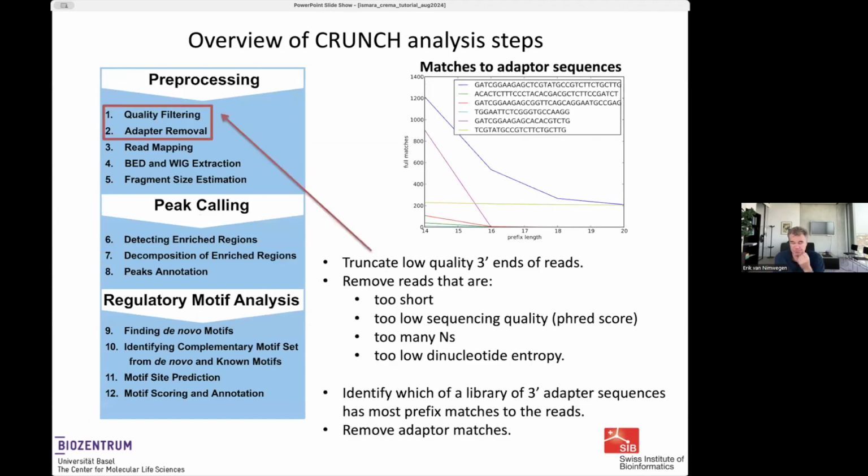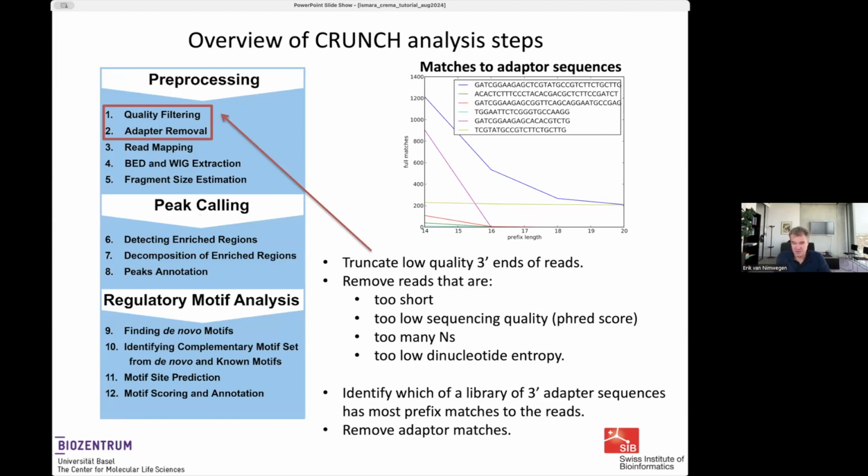So first thing, when we get the raw sequencing reads, we need to do some quality control on this data. So these are just very standard things that we do. So we truncate bad quality 3' ends of reads. We remove reads that are too short, have too low sequencing quality, have too many undetermined letters, or that are, sometimes you get reads that are just A, or AC.